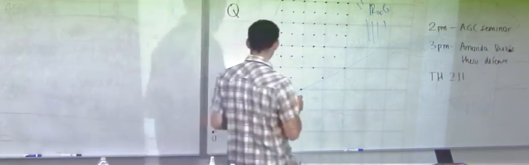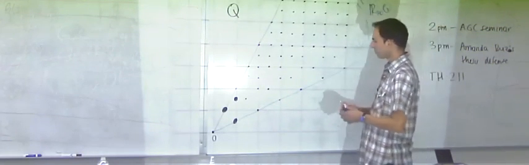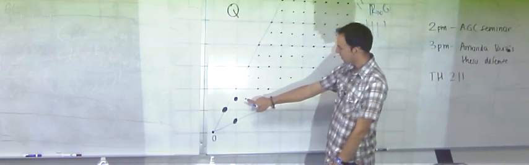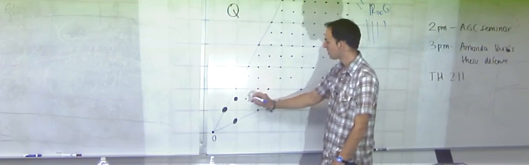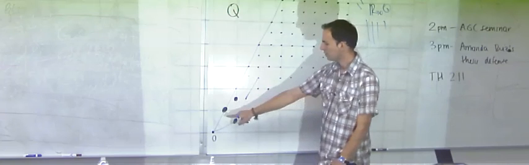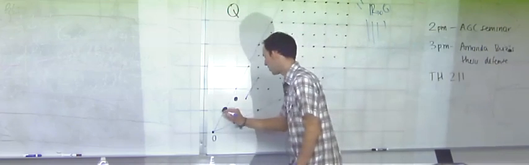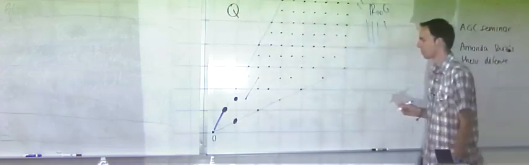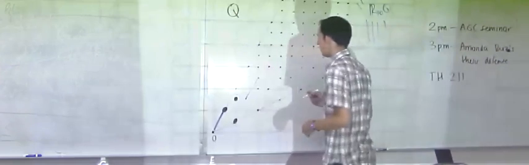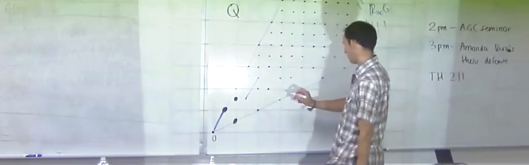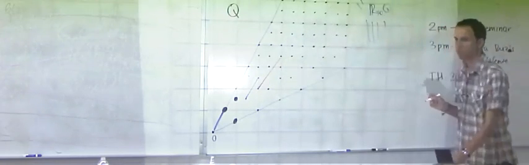So what I'm saying is, for example, that this guy is less than this guy in the poset. And the reason is that the difference between this guy and this guy is an element of Q, this element of Q. Or for example, this thing is an edge of the poset.